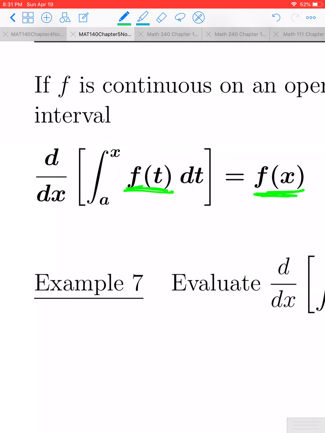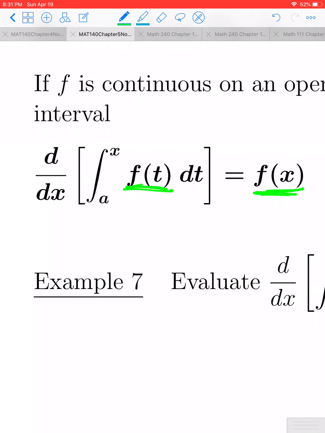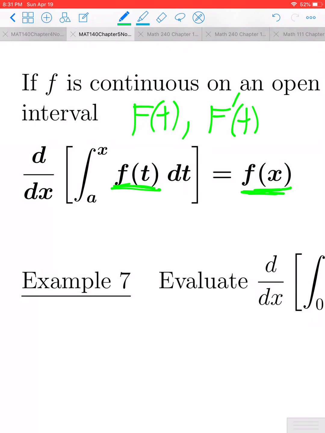To give you some intuition as to why this would be true, let's just think about how this would work. Let's suppose that we were able to actually integrate f of t dt, and let's suppose that it has an antiderivative capital F. Actually, let me call it F of x, so I don't confuse the integration here.